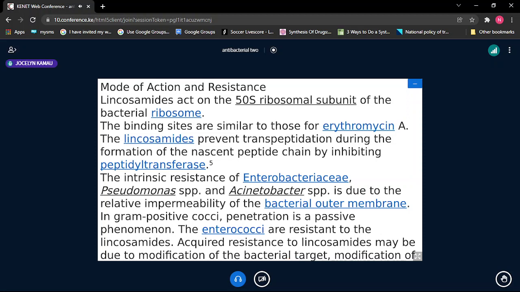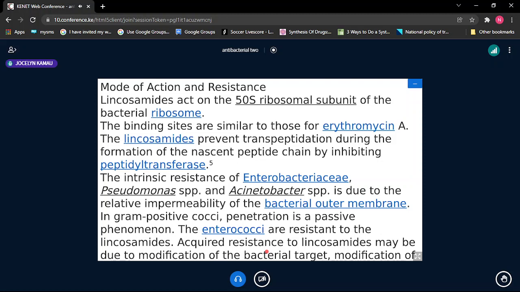Here it's a bacterial target, so it is the receptor. There is structural modification, and you could have very slight structural modification. And we had mentioned that when that slight structural modification occurs, there's a conformational change of the receptor, and the receptor, as we have already discussed, is the enzymes responsible for protein synthesis.